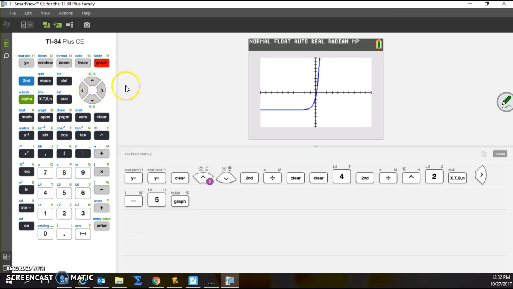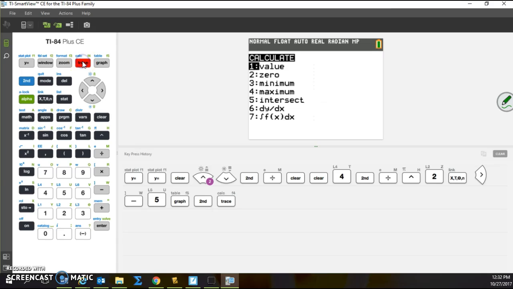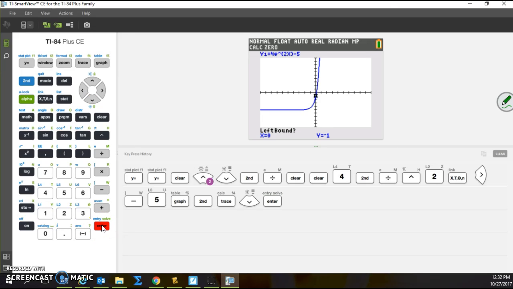One of the ways that the book suggests is to find the root or the 0 and use the calculating feature. So we're going to go down to option 2, calculate that 0, which is, of course, our solution. It always says left bound. We know that we're going to be to the left. If we were riding this roller coaster, we're on the left hand side of that intersection.